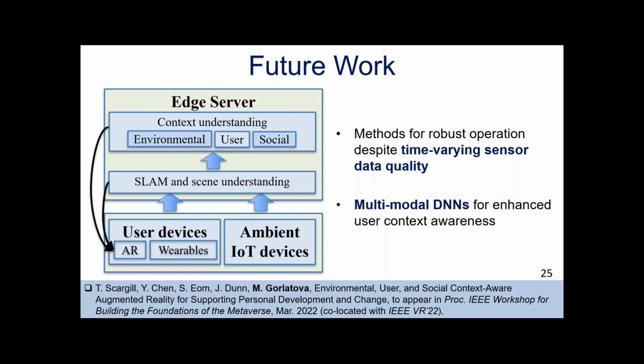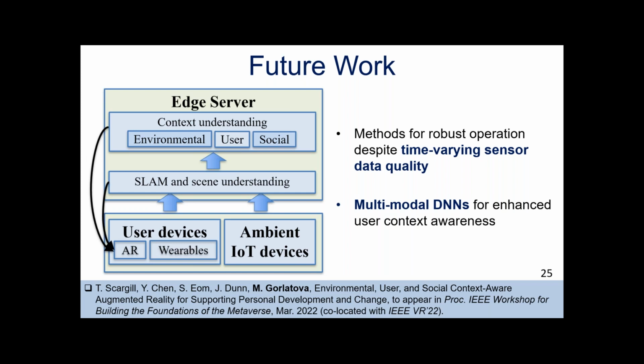So for instance, the quality of the data that is captured by IoT devices and AR devices will vary depending on the circumstances. So for instance, the view of an AR device can be obstructed in one instance, and the view of the IoT device can be obstructed in another. So dealing with this requires new algorithms that us and other groups are working on.